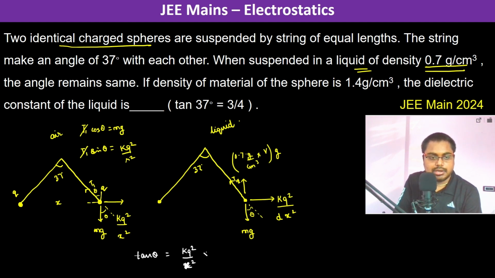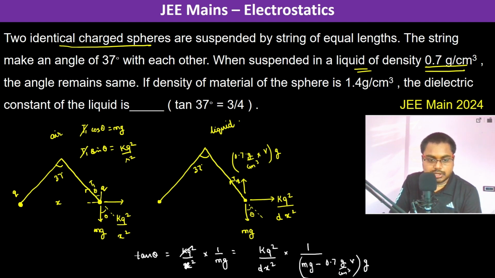So kq square by x square into 1 by mg should be equal to kq square by d x square into 1 by (mg minus 0.7 gram per centimeter cube into volume into g). Now kq square by x square is gone, and g is also gone. Now what is m? m is 1.4.